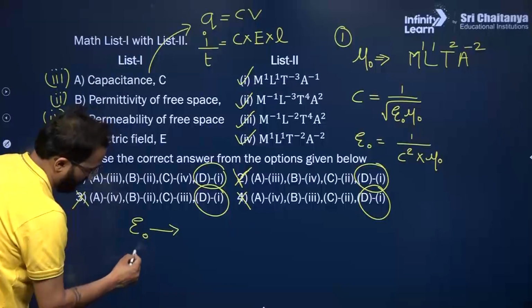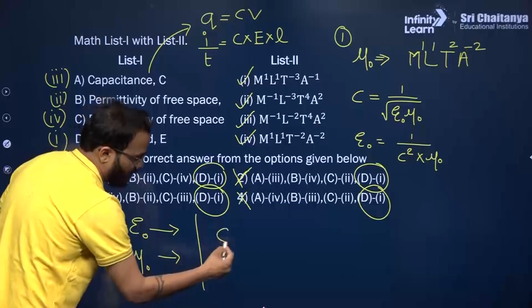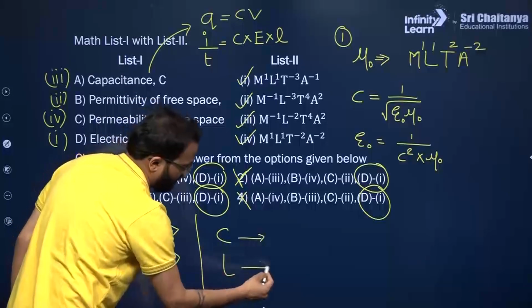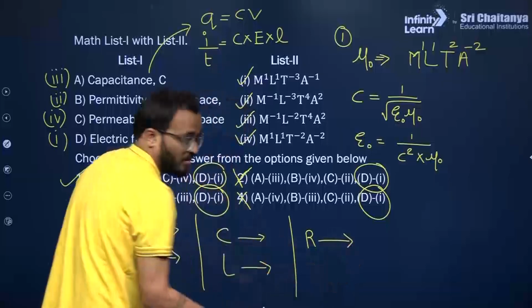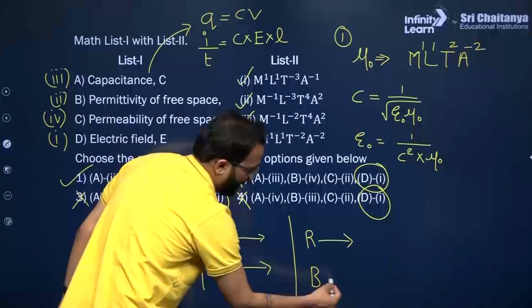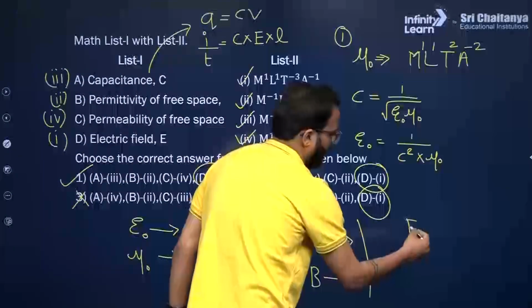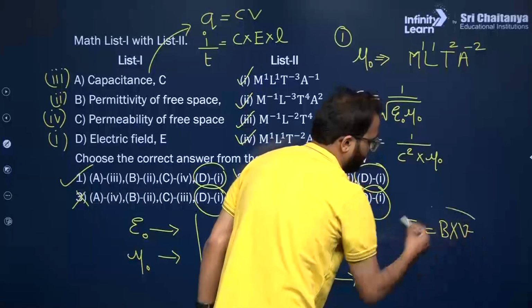Epsilon naught or mu naught, any one of them, or capacitance, C, inductance, remember this also. Remember resistance, and remember magnetic field or electric field, any one of them. Why? Because electric field is equal to B into V, speed, right?